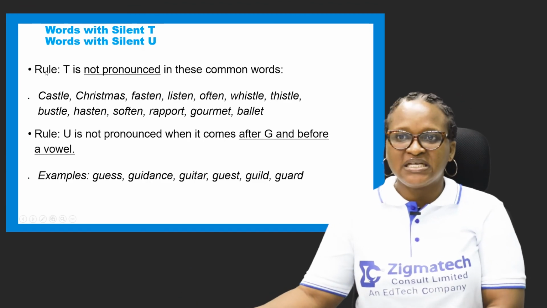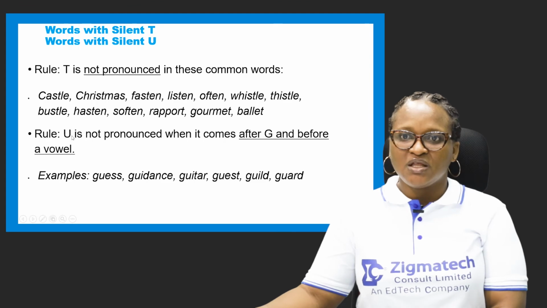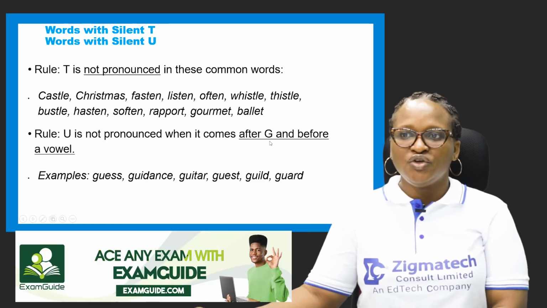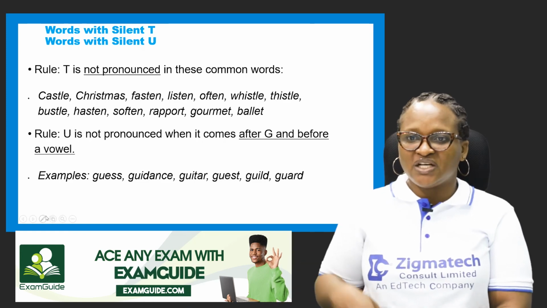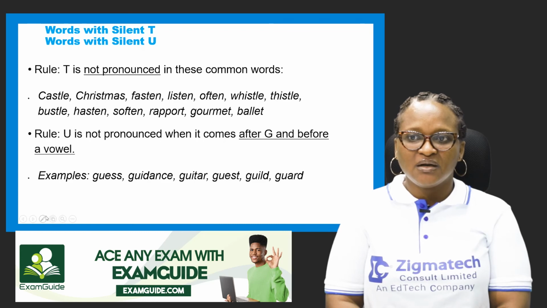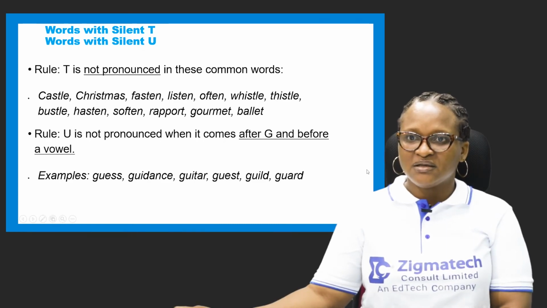The T in each of these words is not pronounced. Then U is not pronounced when it comes after G: guess, guiding, guitar, guests, guild, and guard.